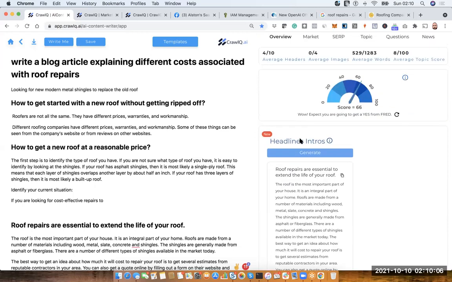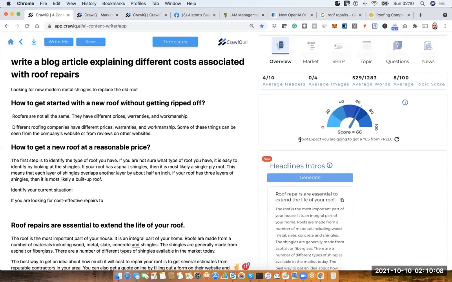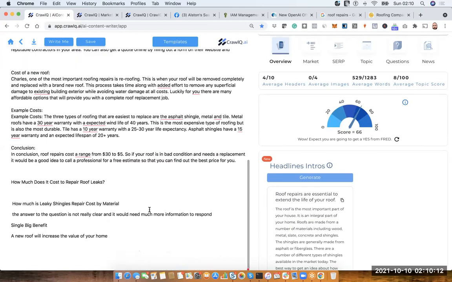Some people say, "Oh, it's putting out gobbledygook." Well, okay, but it's also produced about 60% of what you wouldn't have thought of either. So there's always going to be a little work, but I like it. It accommodates both styles of CrawlQ personas.